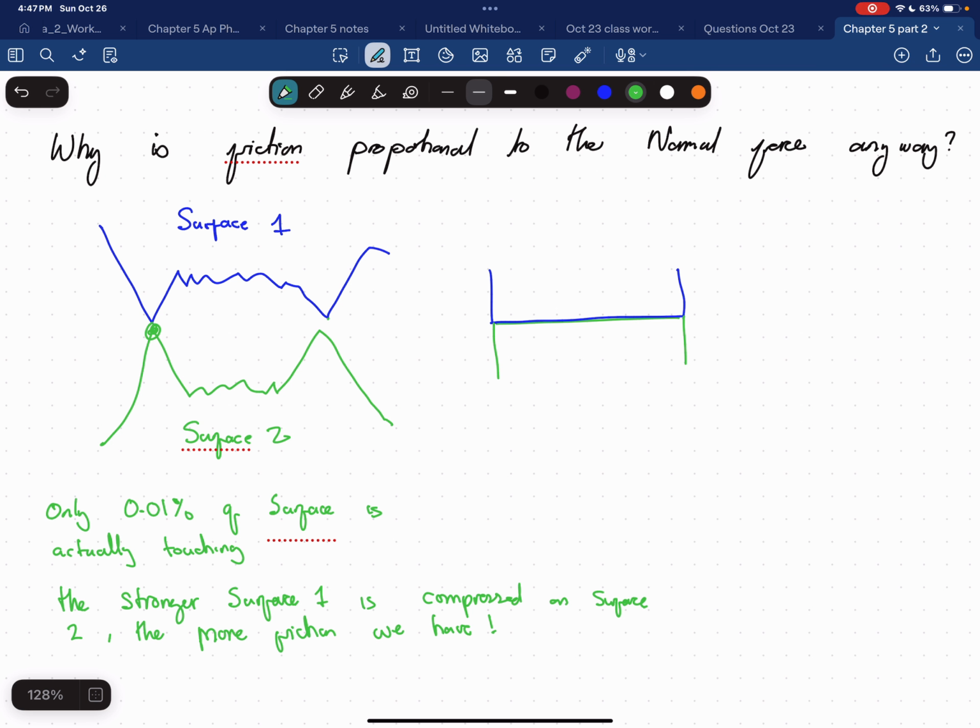That's why friction is directly proportional to the normal force. On the microscopic level we get more contact points, and more contact points between two surfaces means more friction. You get what I'm saying?